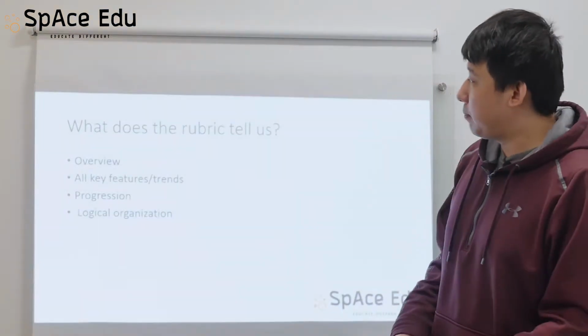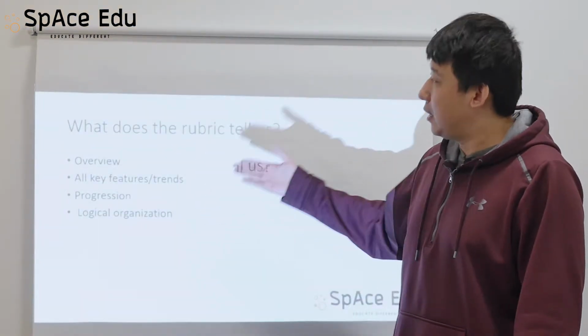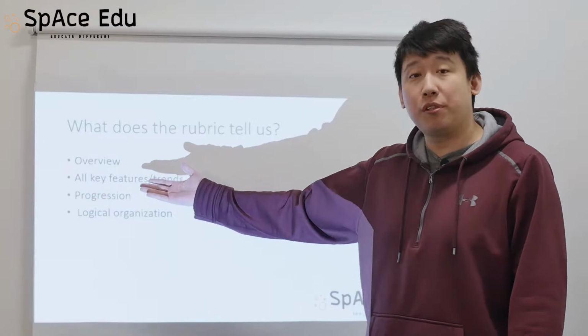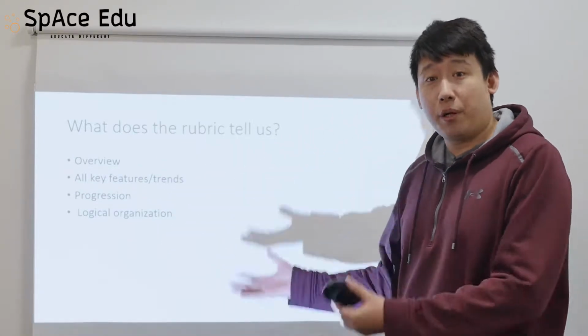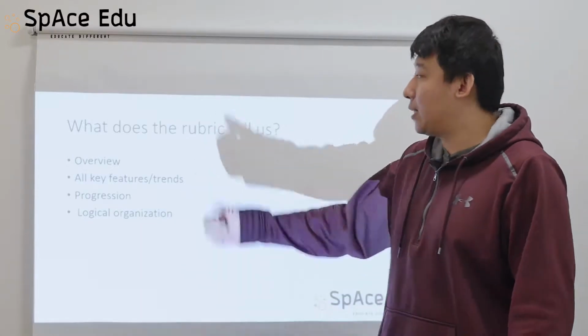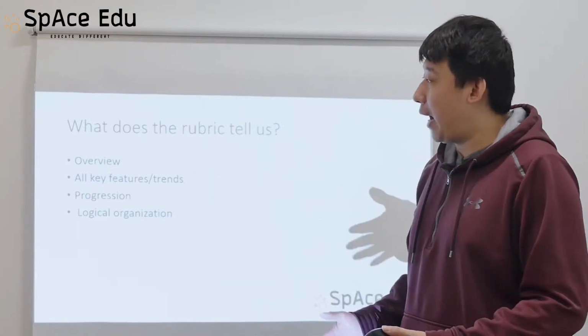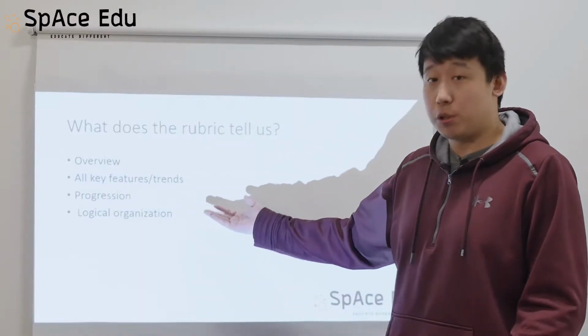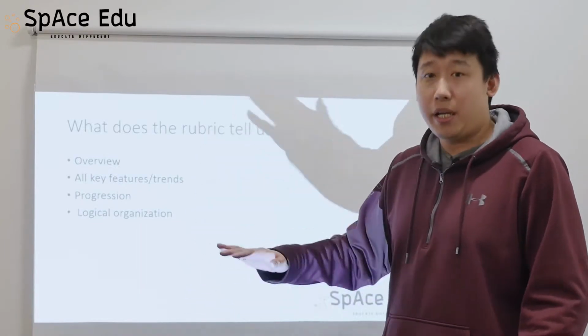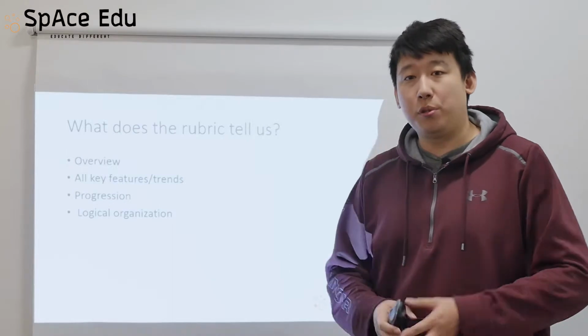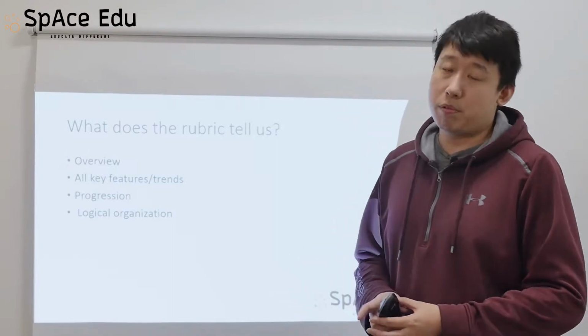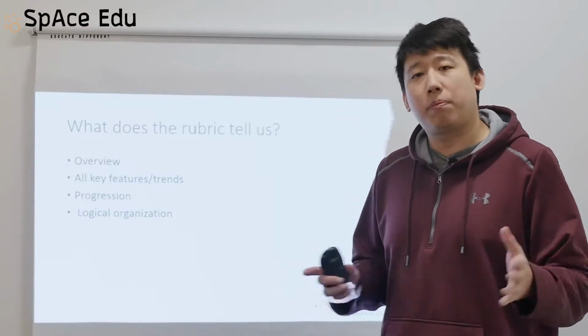In short, the candidates need to be able to, first of all, present a very clear overview. This is a very important part for your writing task 1. At the same time, you should be able to identify at least all key features and trends. This is also equally important. And thirdly, you have to present a very clear progression. What does a clear progression mean?